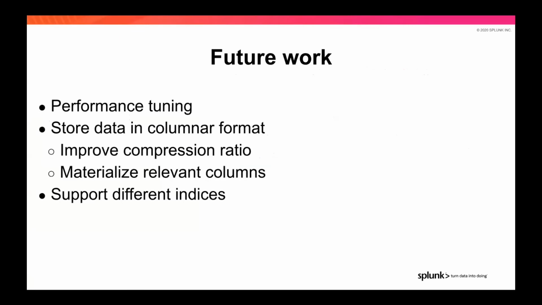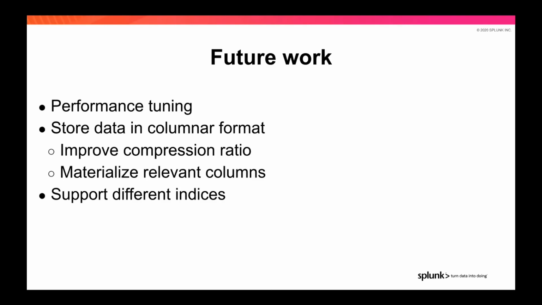I want to briefly talk about the future work. We've done a lot of performance tuning as it is, but we are looking to do obviously more performance tuning. A bigger chunk of the performance tuning is to explore the idea of how to store the data in a columnar format.